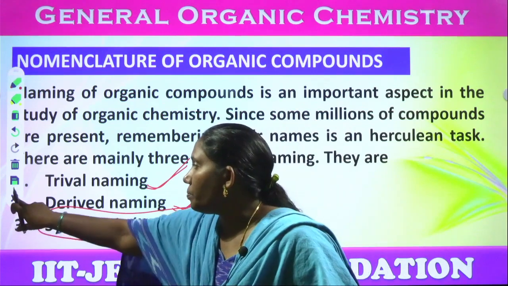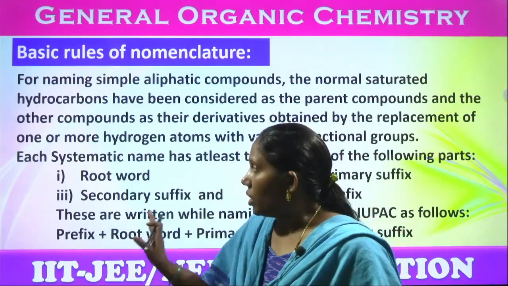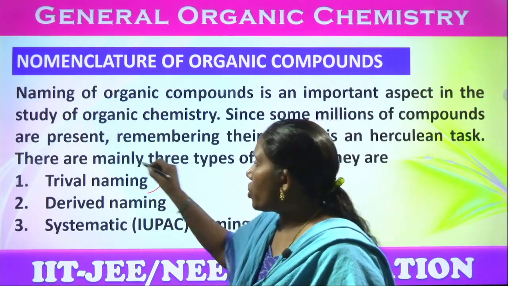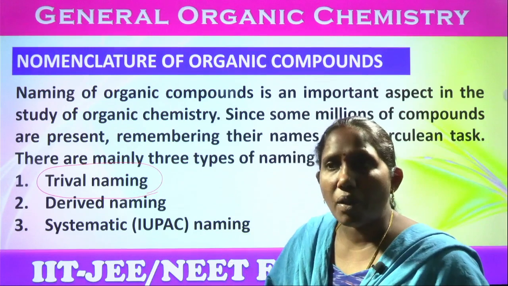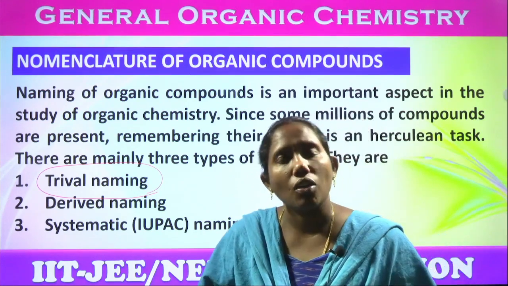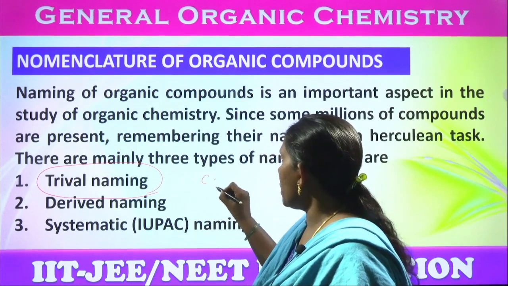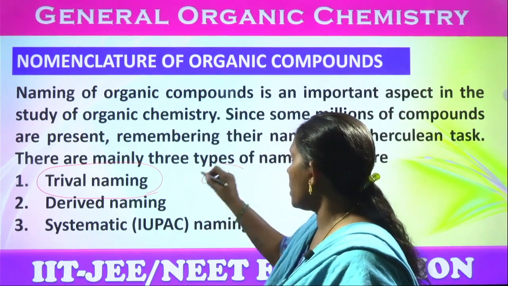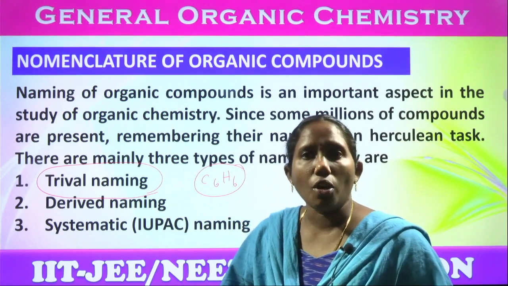Let us see what the basic rules of the nomenclature are. What does trivial naming mean? A trivial name is nothing but a common name, as some compounds are famous with their common names only, right? Suppose C6H6 is there. This C6H6 is called benzene. That is its common name.